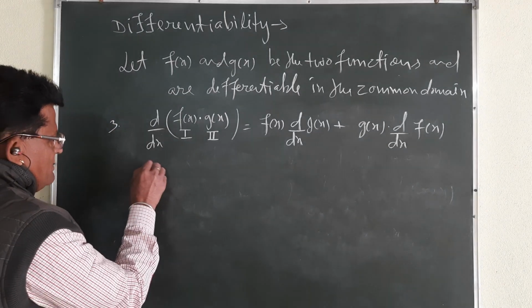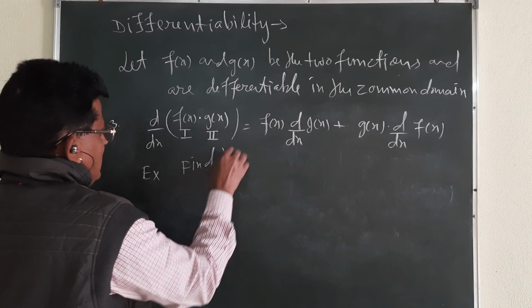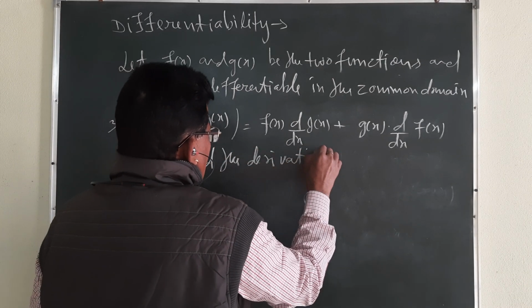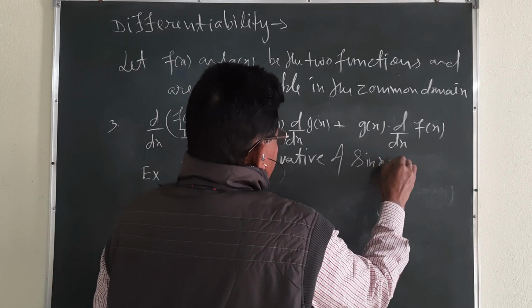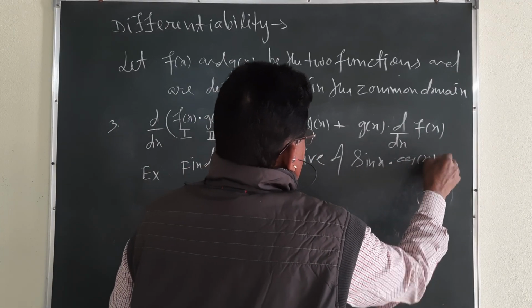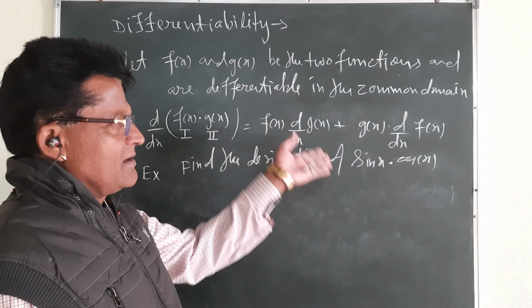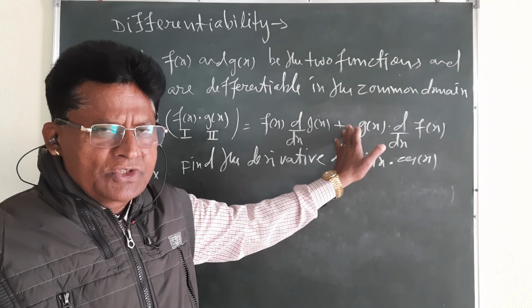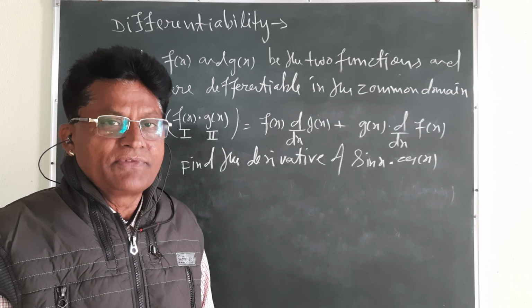And suppose the question is to find the derivative. Same example: the derivative of sin x into cos x. This is f(x) and this is g(x). In the previous two conditions, I used sin x and cos x with a plus or minus symbol in between them.